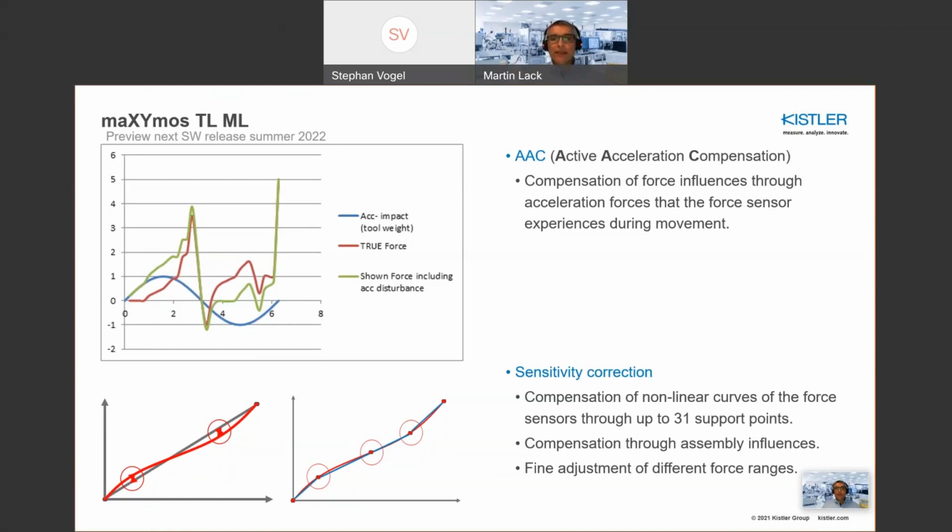And you can do this by up to 31 support points. You can precisely define the real force which you can compare with a force sensor during the calibration, the in situ calibration inside your machine.